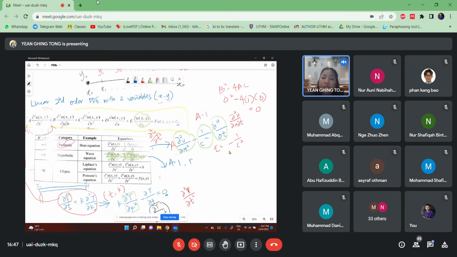So for this equation, what is B? Alia, Nur Alia. Do you know what is B? Nur Alia Abdul Razak. Yes, doctor.